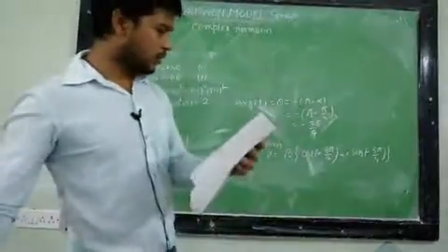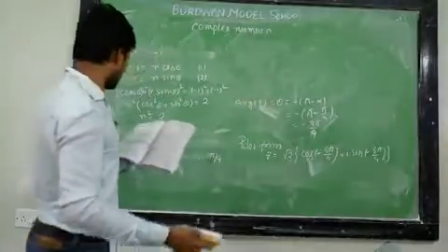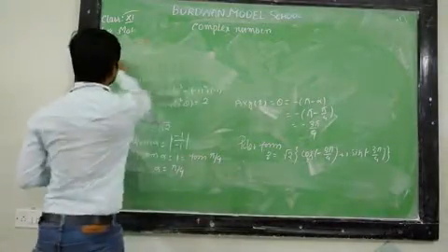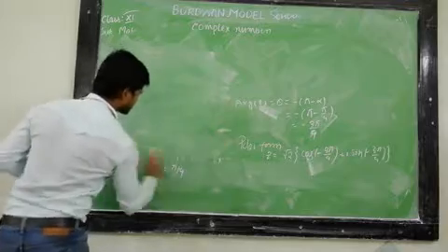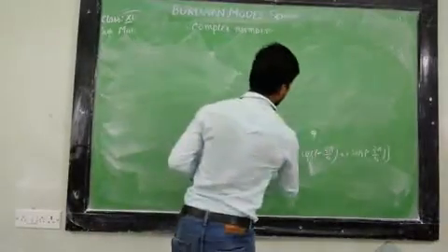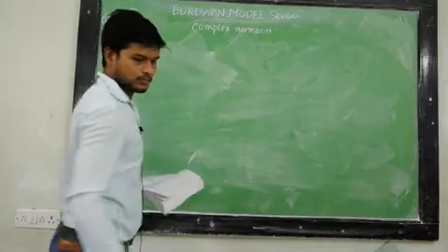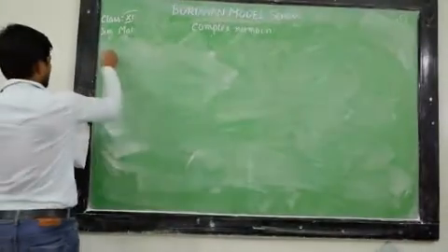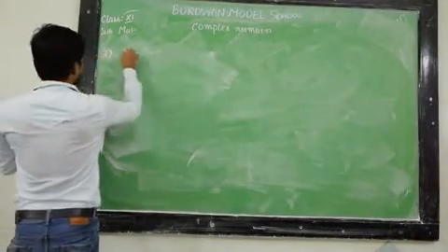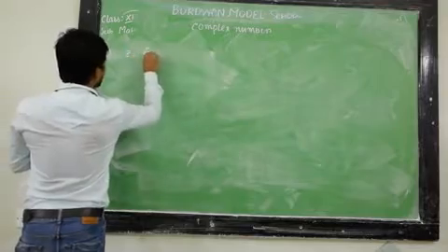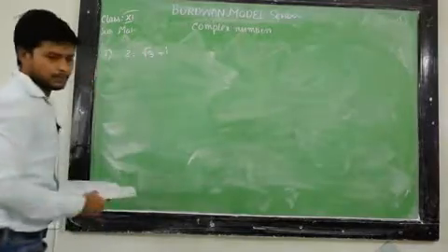Okay, I am doing the last question now, question number 7. Question number 7, z equal to root 3 plus i.